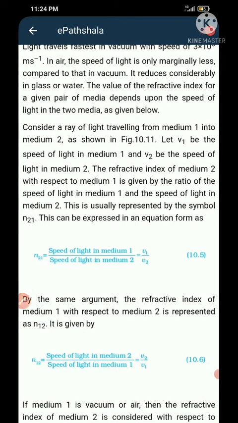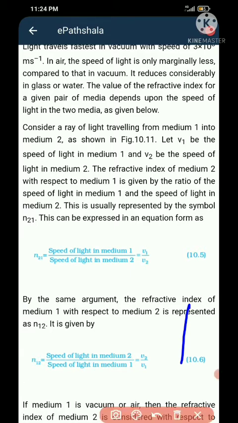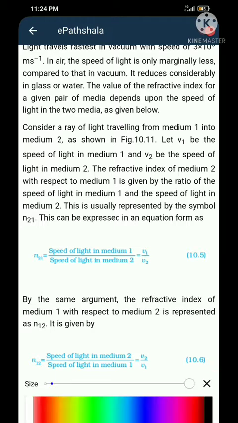n21: if we represent it like this, there are two media 1 and 2 with speeds v1 and v2. It can be expressed as the equation n21 equals speed of light in medium 1 upon speed of light in medium 2.